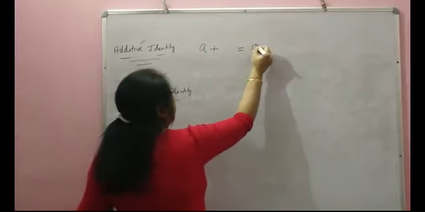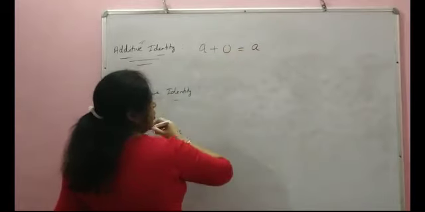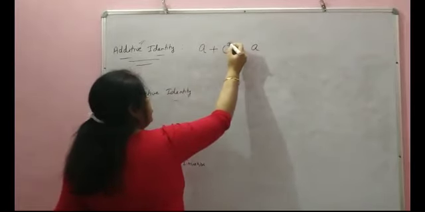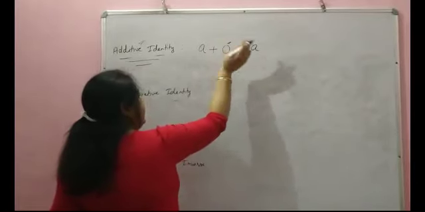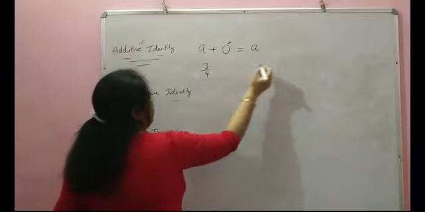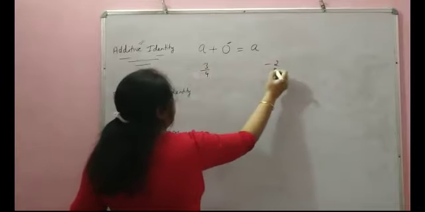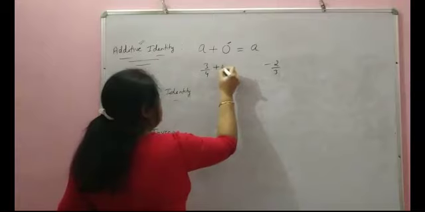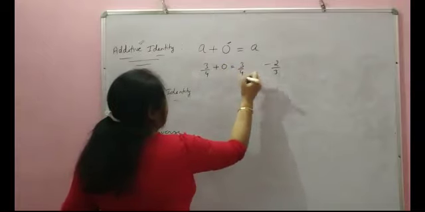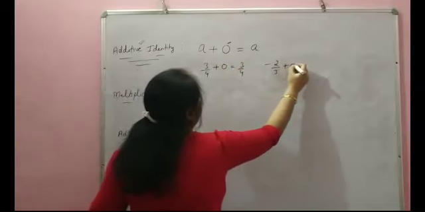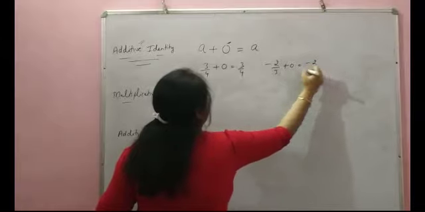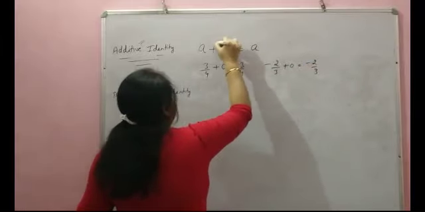That is 0. So 0, when added to any rational number, negative or positive, will give the same answer. It means 0 is called the additive identity.